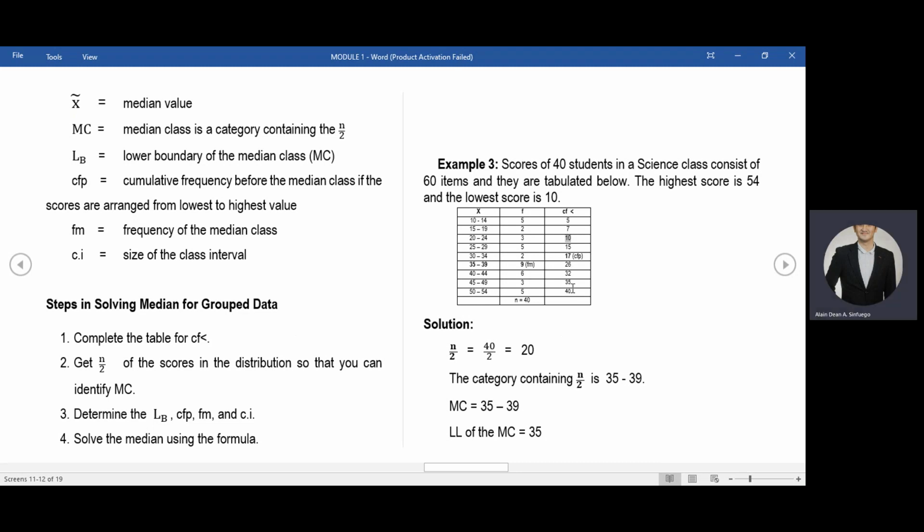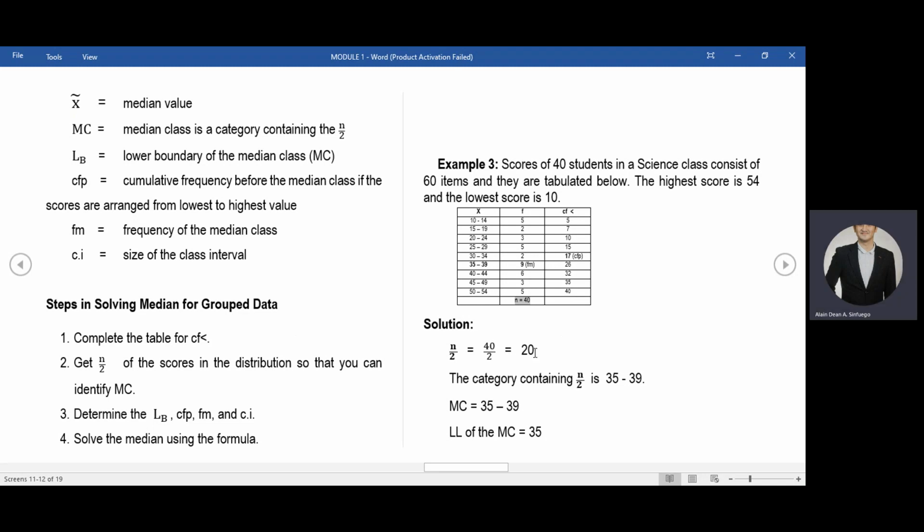So on and so forth, up until the last one. Please do take note, the last cumulative frequency less than will be equal to your sample size or population size. Then n over 2, because that is the second step in order to find where the median class is. So 40 over 2 is 20.